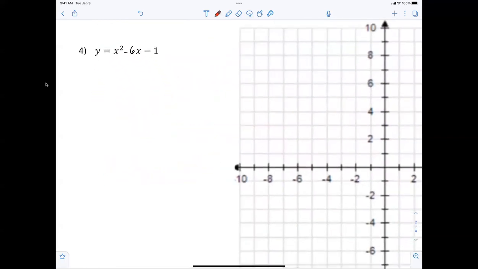All right, everybody take a look at number 4. See if you can do number 4 now. Everybody, please try number 4 real quick.